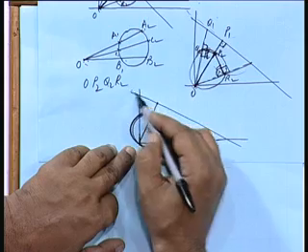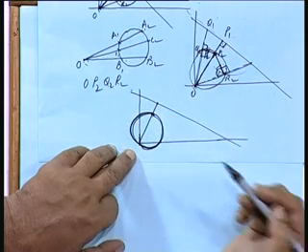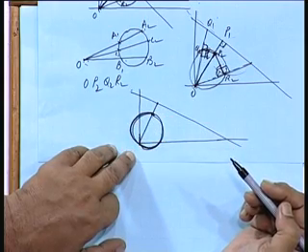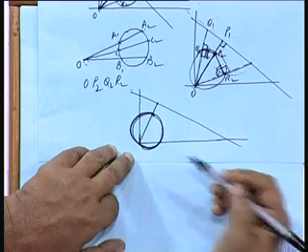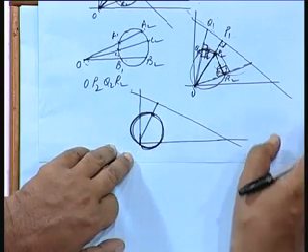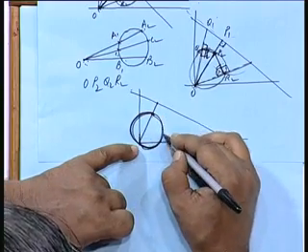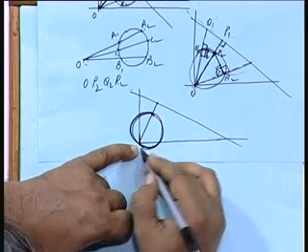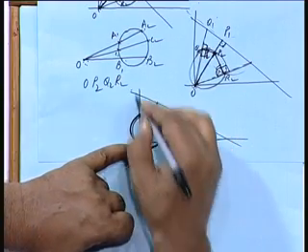Is that all right? So, the inverse of a straight line is a circle. That will include the origin. Conversely, the inverse of a circle where the origin lies on that circle will be a straight line.